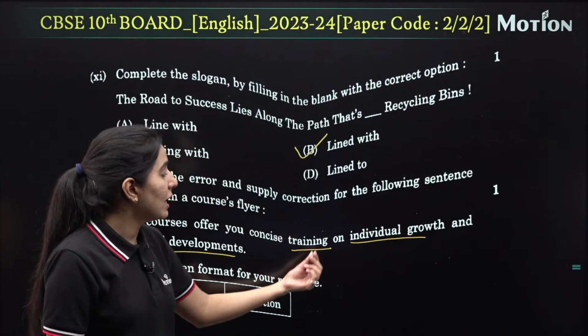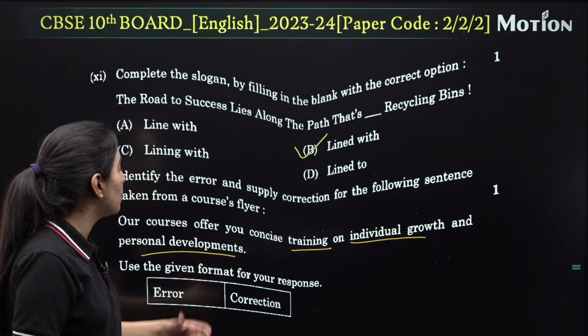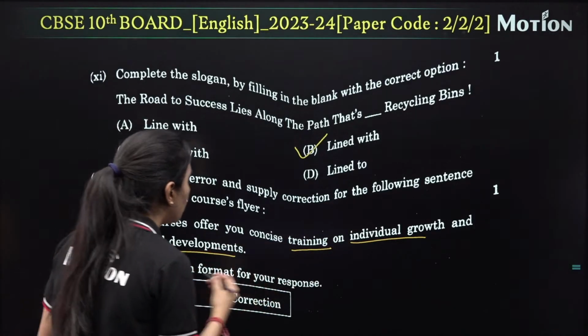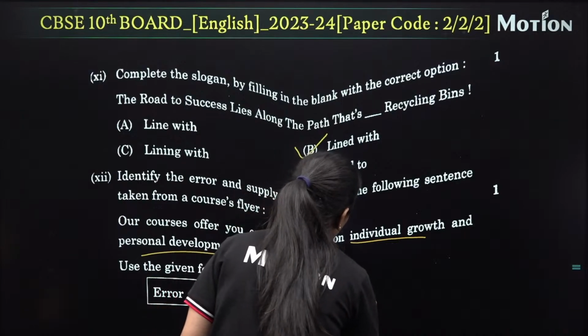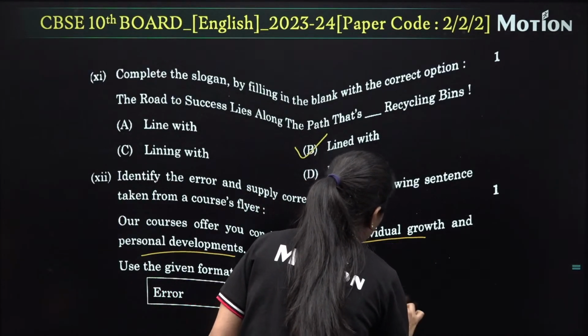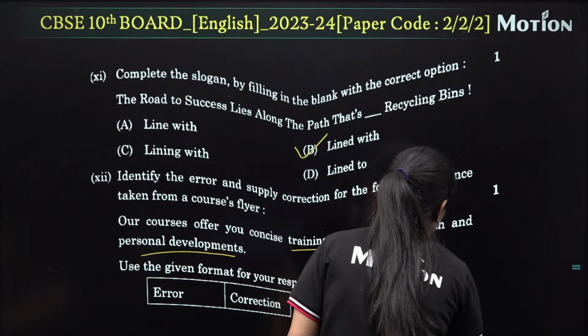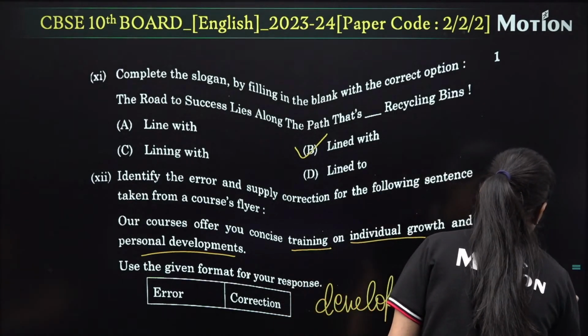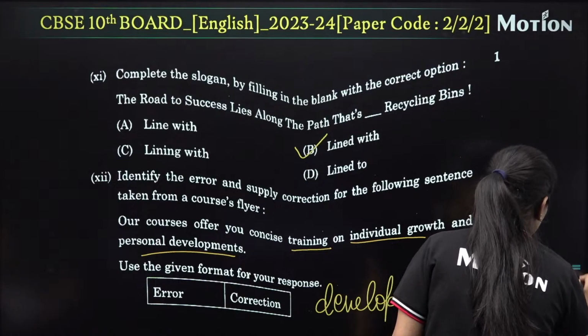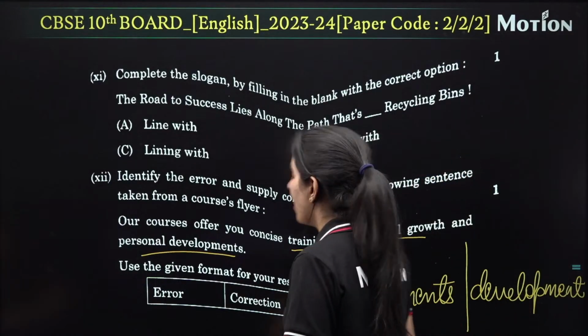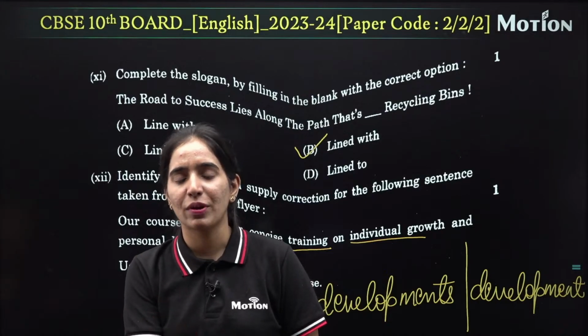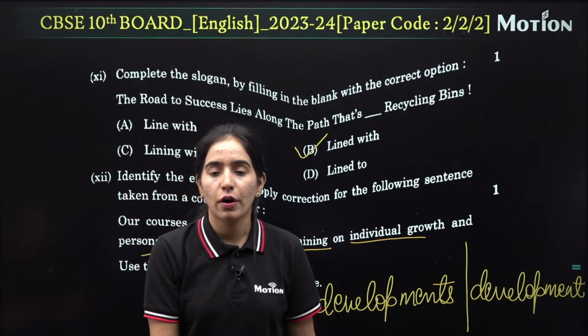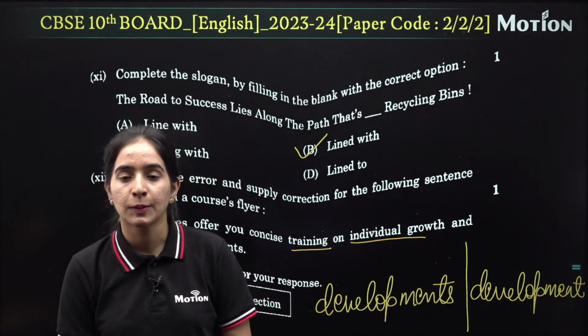Okay, training on individual growth and personal development, not developments. So that is the incorrect part. Okay, it should be development. Okay, so that is your correct part. So we hope your grammar answers are also correct, because literature we have already discussed for the first set.